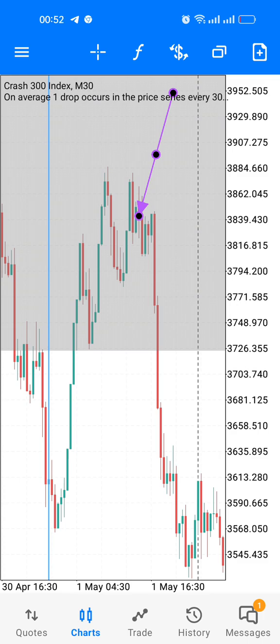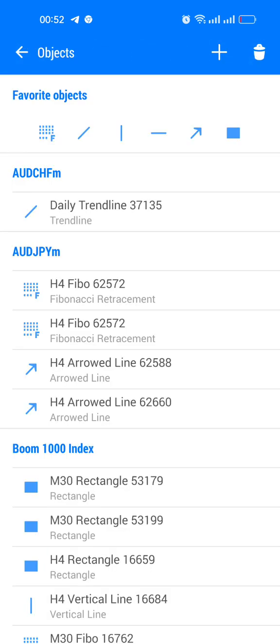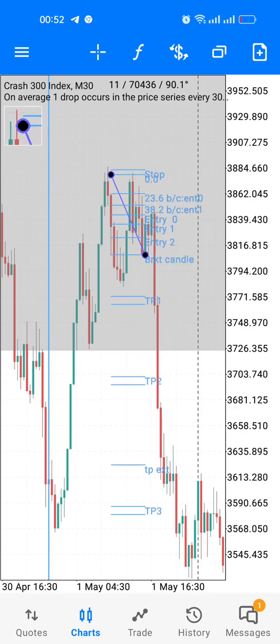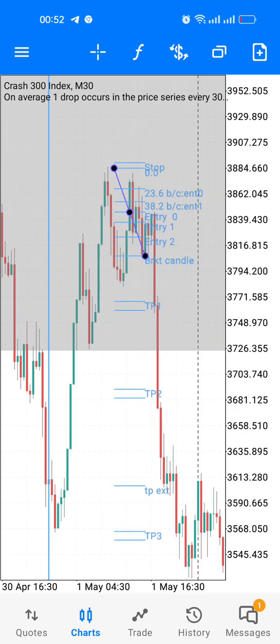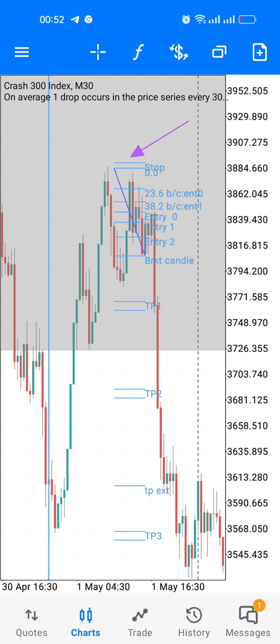So with this one, alright, you will now pull your Fibonacci. Put your stop loss behind the wick.